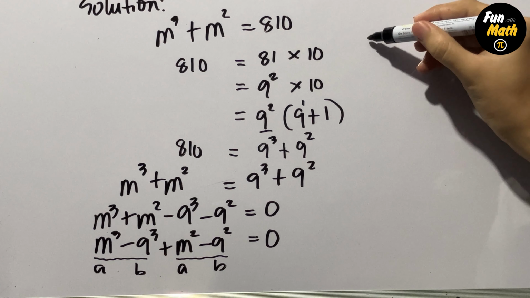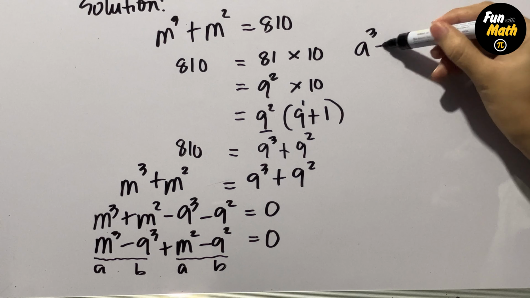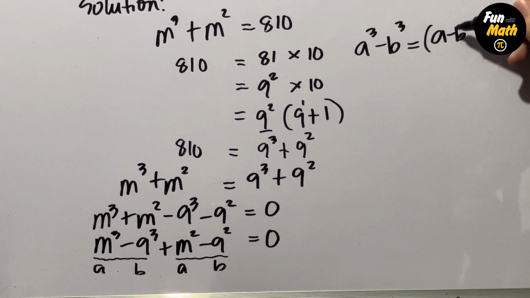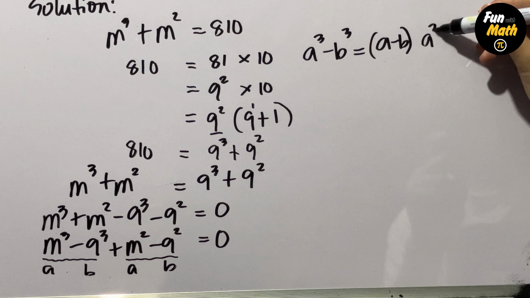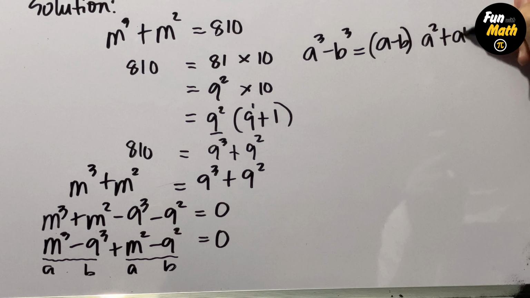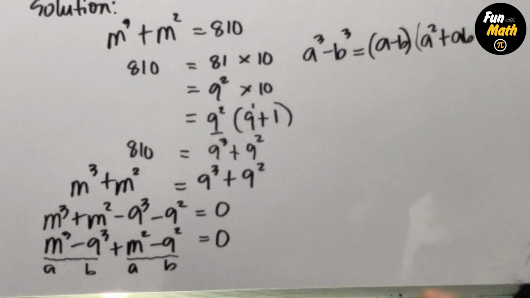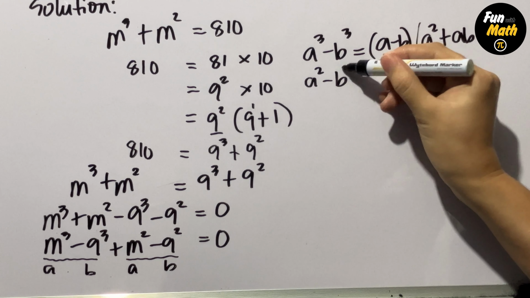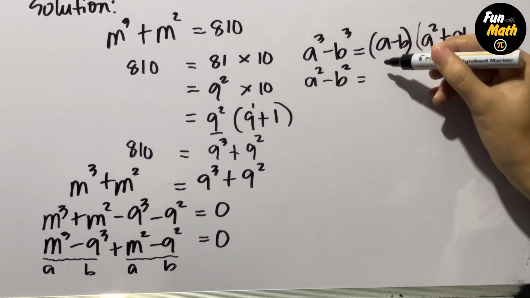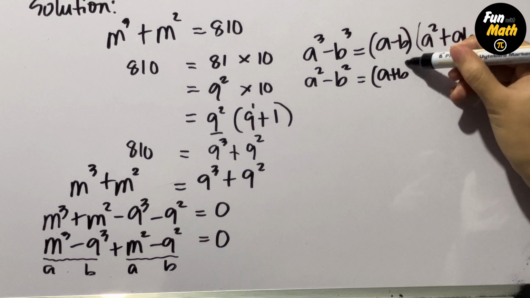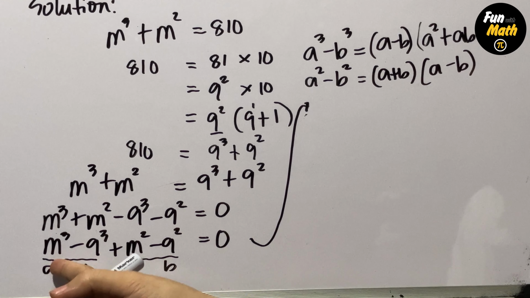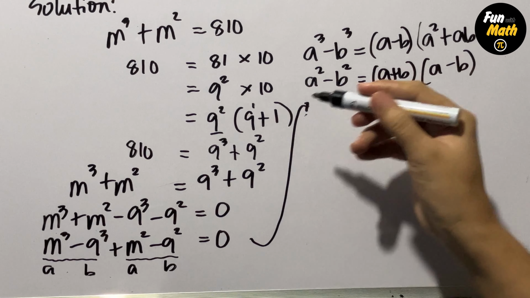First identity is A cubed minus B cubed, which is equal to A minus B times (A squared plus AB plus B squared). Another identity, we have A squared minus B squared, which is equal to (A plus B) times (A minus B). So for this, let's focus on m cubed minus 9 cubed.